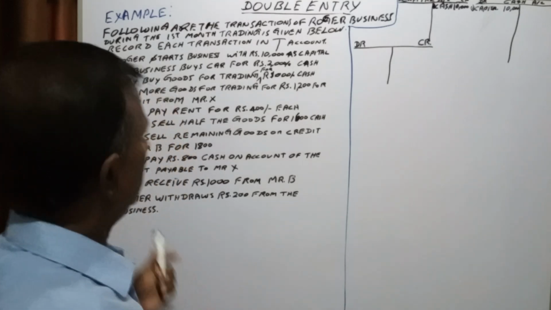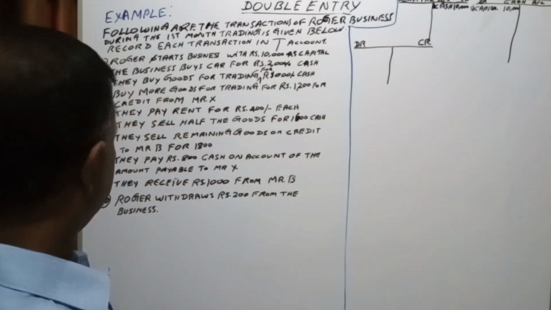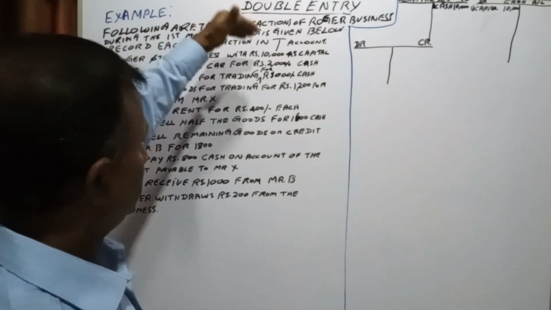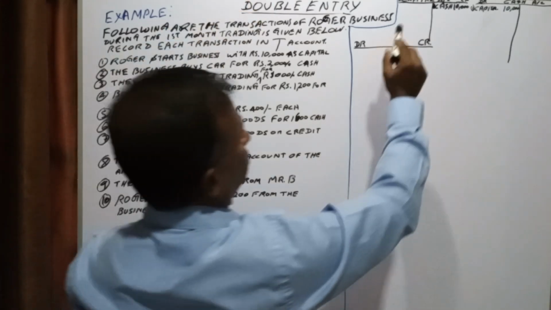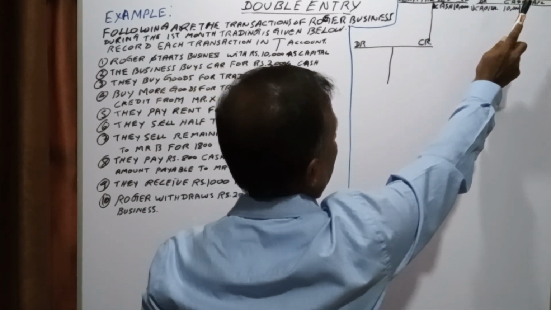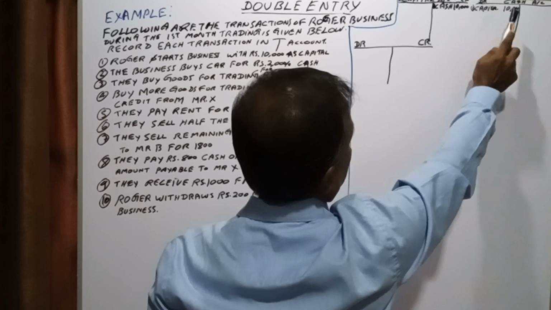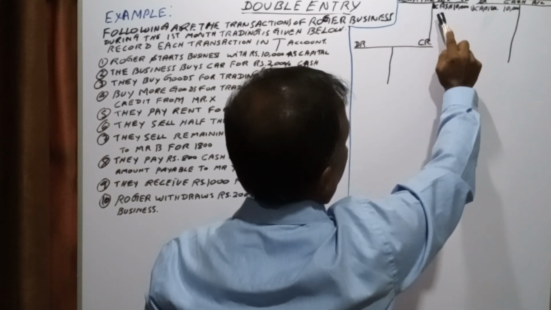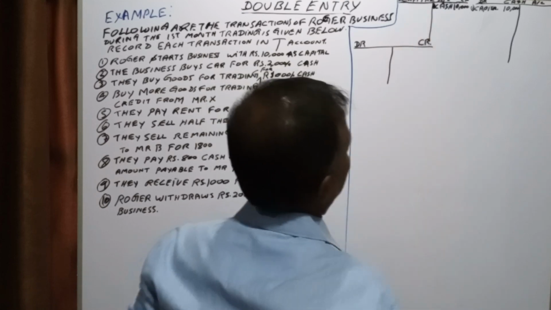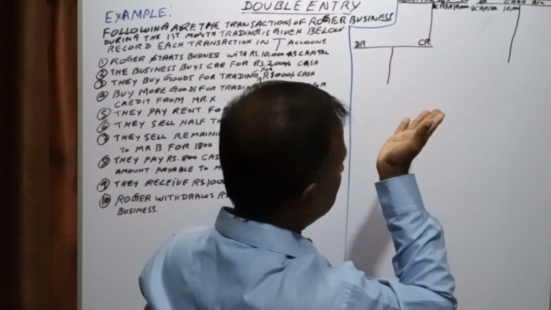And we said in the first question, Roger starts business with rupees 10,000 as capital. He is bringing the capital, so cash is coming in. Then the cash account we are debiting, and the capital account we are crediting, because capital is equity, an increase in the capital.